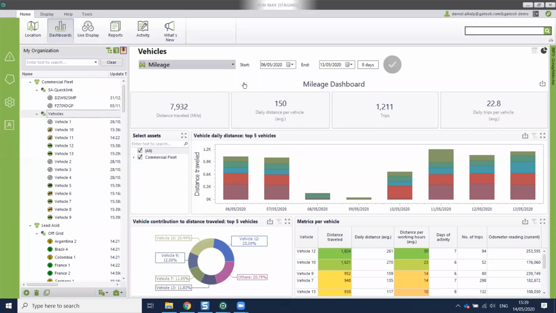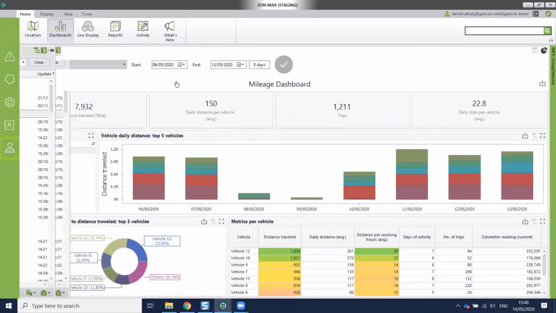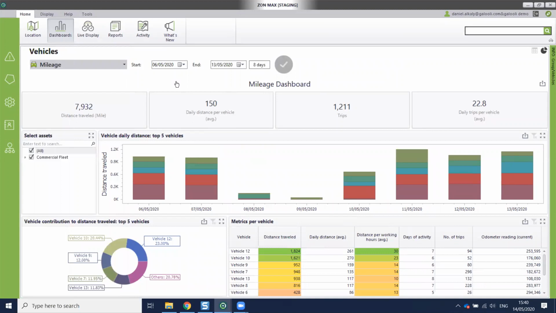The mileage dashboard is all about distance. This is all about the distance which was covered by your vehicles, in order for you to understand the efficiency of your drivers and your vehicles, if they're being productive, and if it is a requirement for the fleet to be driving because they're courier or truck drivers, etc. This gives an indication of how productive your vehicles are in terms of distance.